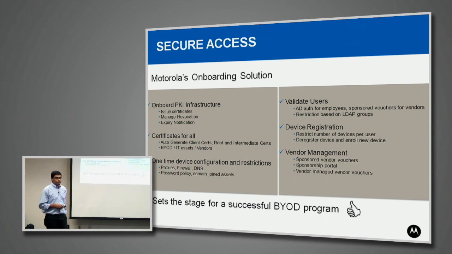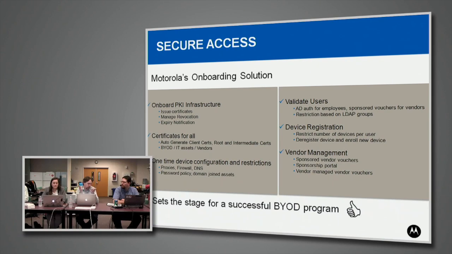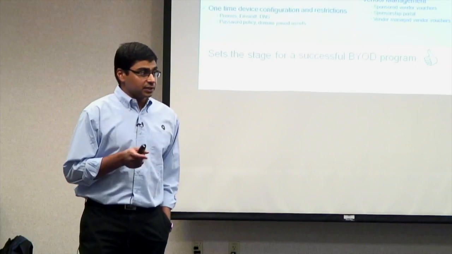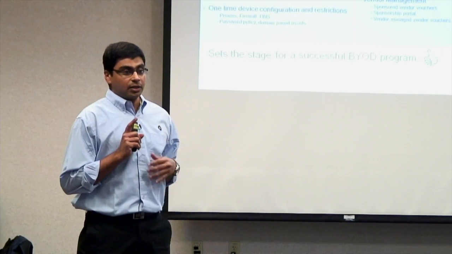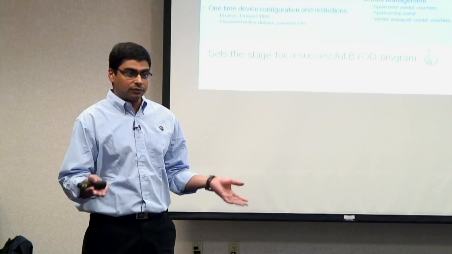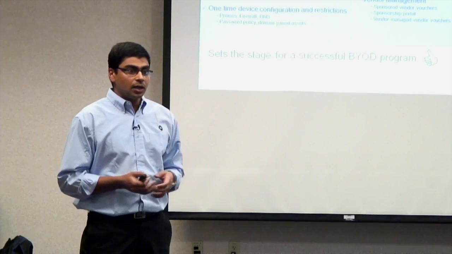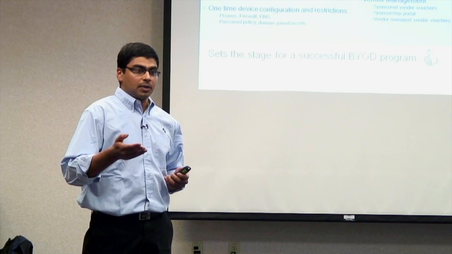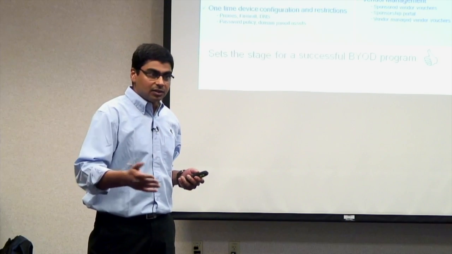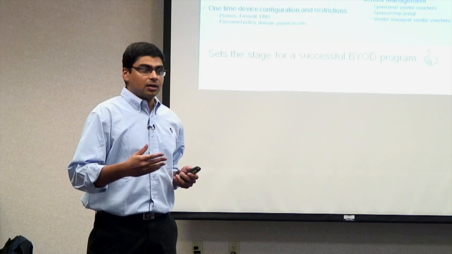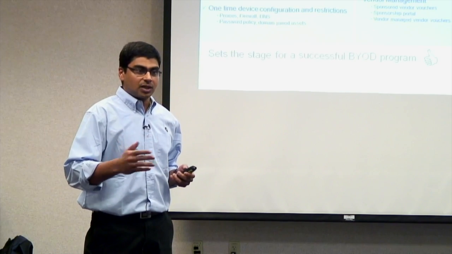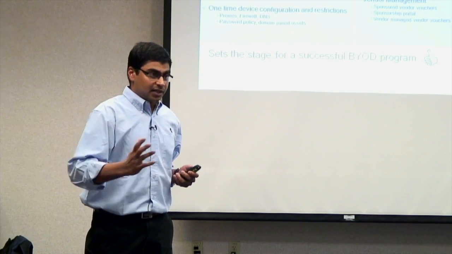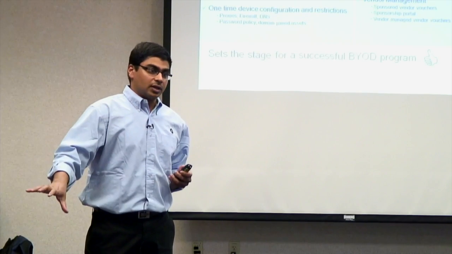So if a customer already had a PKI infrastructure in place that they were issuing certificates to the clients and they just wanted to extend that to mobile devices, are you able to handle that as part of the solution? Yep, very good question. It's a very unique feature with us. If you have an existing certificate authority like Microsoft CA, what secure access can do is, for all the employees who have an Active Directory credential, we can generate a CSR request, a cert sign request, automatically to the Microsoft CA, get a certificate out, and automatically install it on the end device.